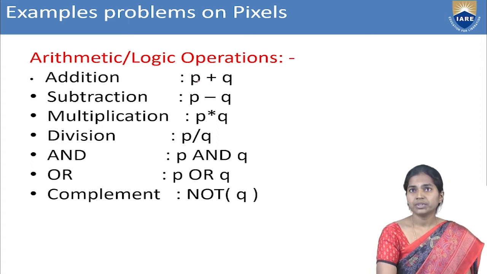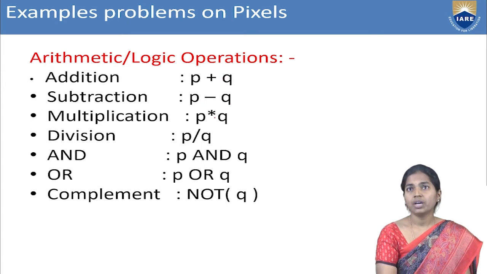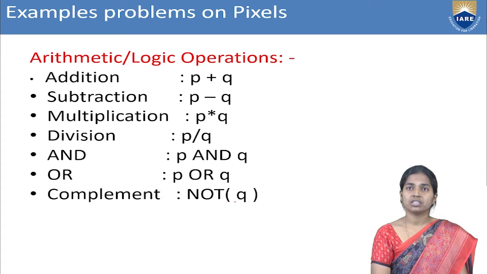For points P and Q, logical AND is P and Q, OR is nothing but addition, and NOT means the complement function.